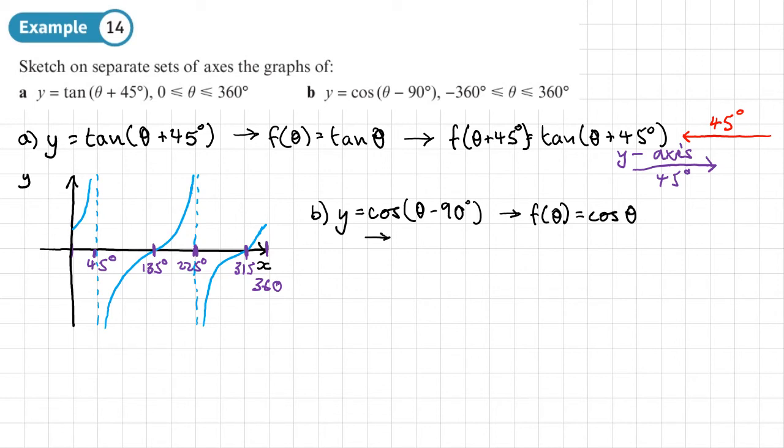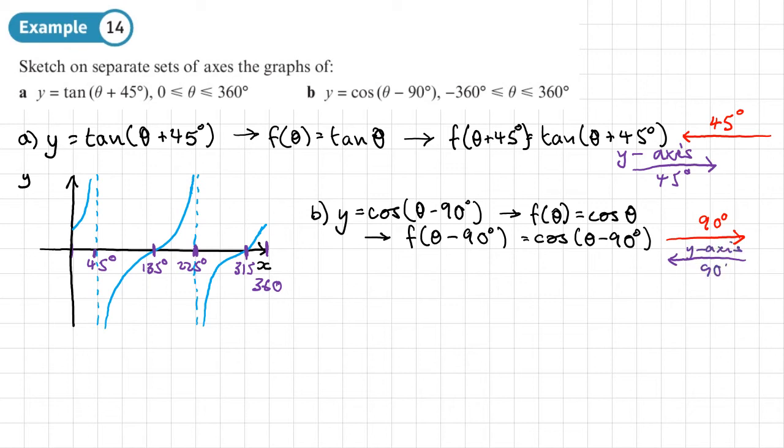So what we've got here is f of theta minus 90, and that will be cos of theta minus 90. So this is a translation, a movement this way by 90 degrees, but like the previous one, the way I'm going to tackle it is to move the y-axis in that direction by 90 degrees that way.